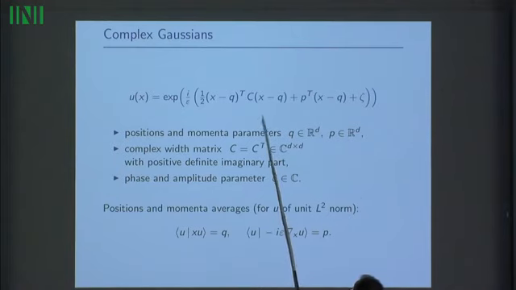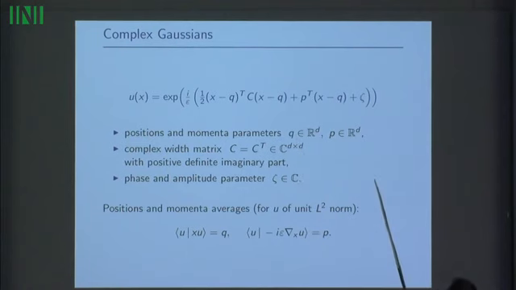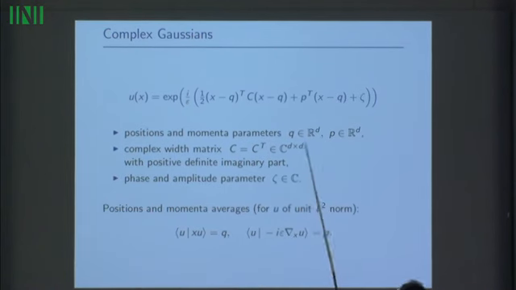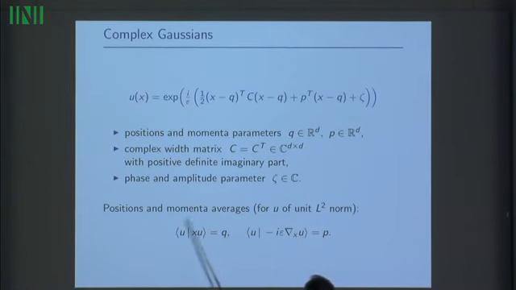So we make this as an ansatz to our approximation. And we have these few parameters: the position, momentum, the width matrix, and the phase. And well, then if you consider the averages of the position operator, which is just multiplication with x, over such a Gaussian, then you get exactly the center.